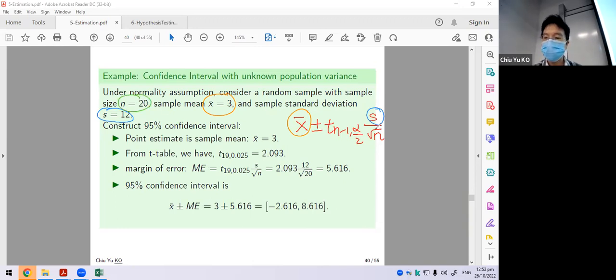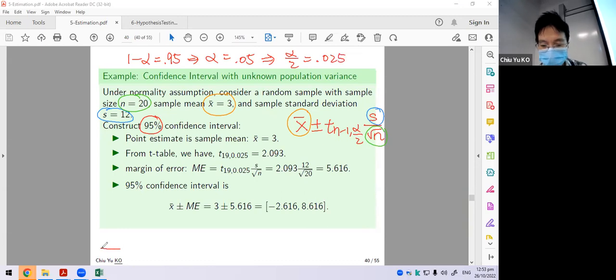Green is here, and green is here. So what is left is the middle guy. The idea is that we need to construct the 95% confidence interval, so 1 minus alpha is 0.95, so alpha is 0.05, and then alpha over 2 is 0.025.